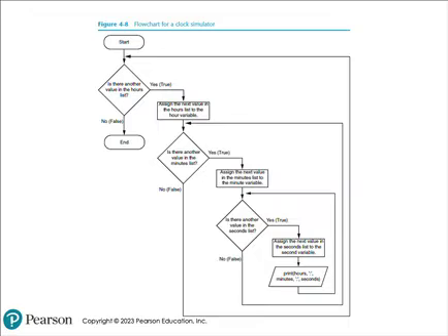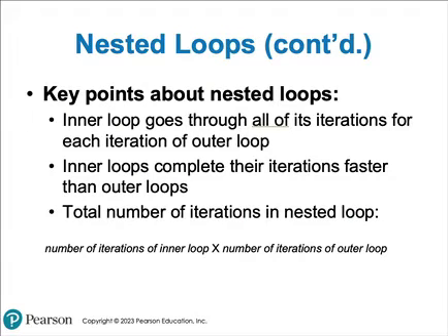So here is what a loop within a loop looks like from a flowchart simulator, where you're simulating the clock. It's going to go through and basically count time for you. When you have nested loops, I like to refer to the inner loop as moving faster.